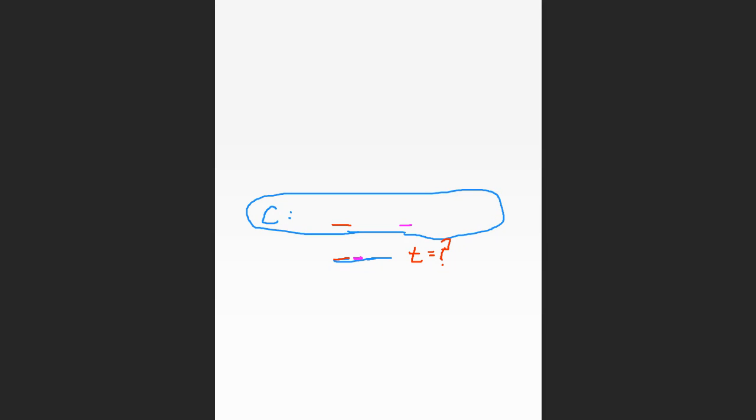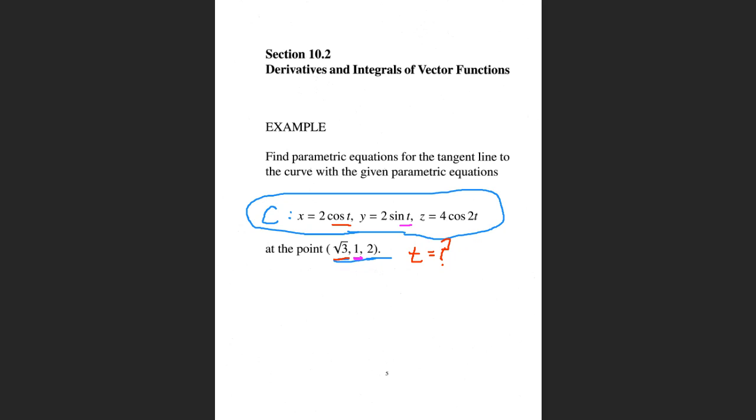What angle does t have to be? That's right, Narina. It has to be 30 degrees, or pi over 6.